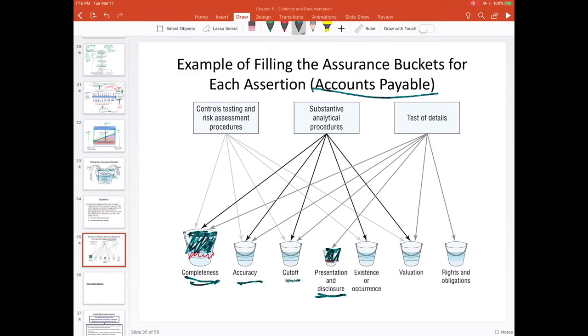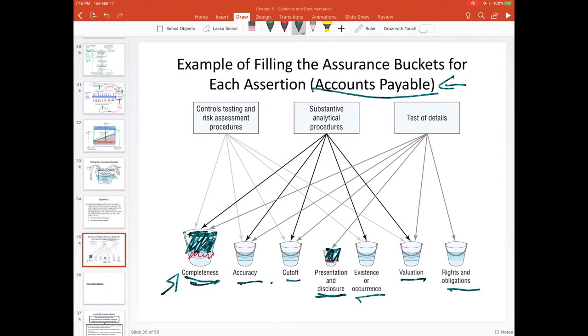And the buckets can be different sizes because for each individual assertion within each account, you're going to have different risks associated with that assertion. So for AP in particular, your big risk with AP is completeness. So that's why the completeness bucket is the biggest, because completeness is the biggest risk for AP. You need to gather the most audit evidence for completeness. Just think through that for a minute.